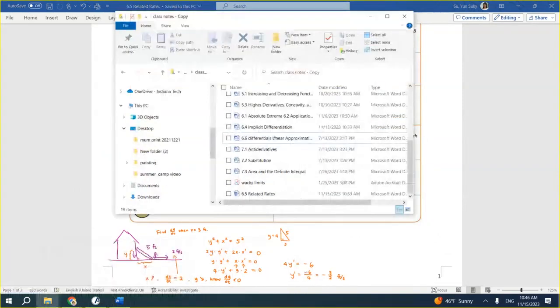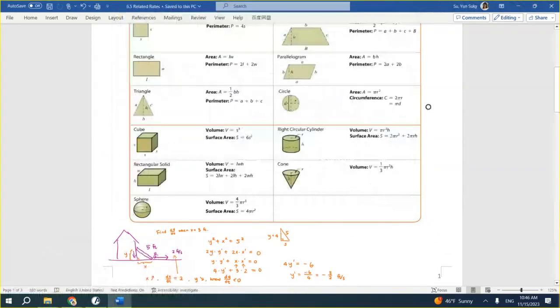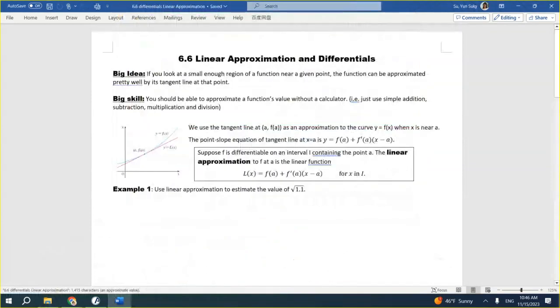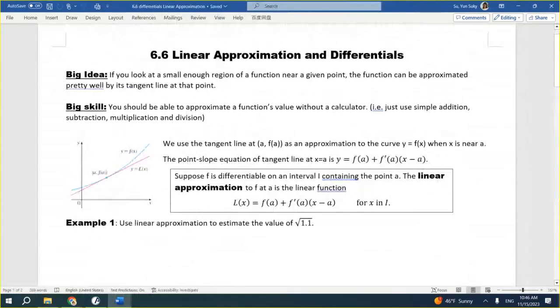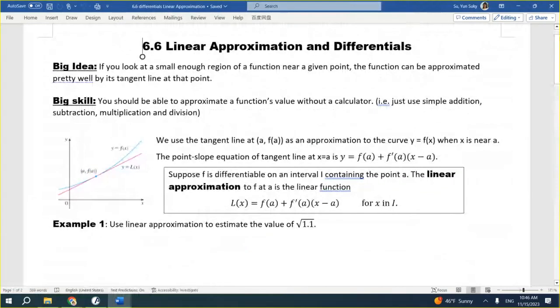So next one, 6.6. Linear approximation and differentials. So we talked about how to find the tangent line at a place. Do you still remember how to find the tangent line? We need the derivative. That's the slope, right? And we also have a point.